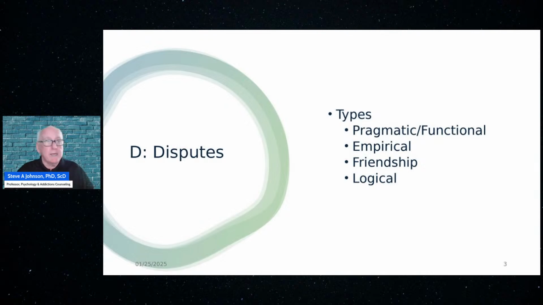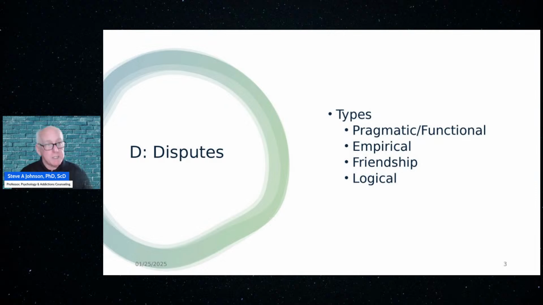And so we can't decide what they do or not do. We can hope, wish, want, desire, but we don't have any control over them. So we will ask them, how does holding that belief help you or not help you? Or what do you get out of that? Okay. Usually clients respond pretty well to that kind of a dispute.